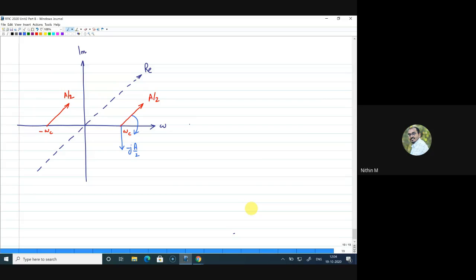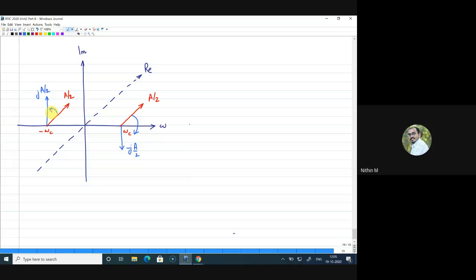Similarly, the component at minus omega c will also shift, and the value is j into A by 2, so I can see that there is a 90-degree anti-clockwise movement at the point minus omega c. Why I am discussing this is that this 90-degree shifting is actually the core of your image reject receiver.